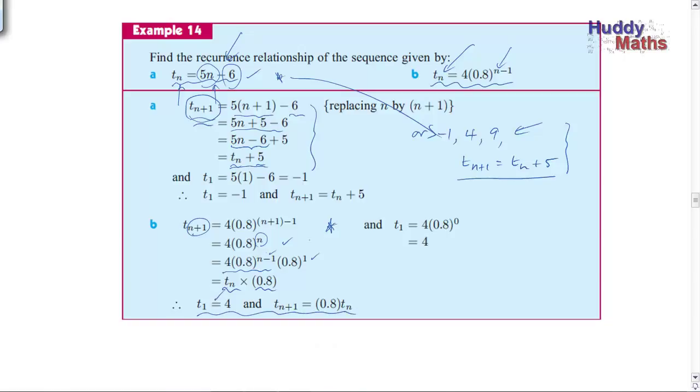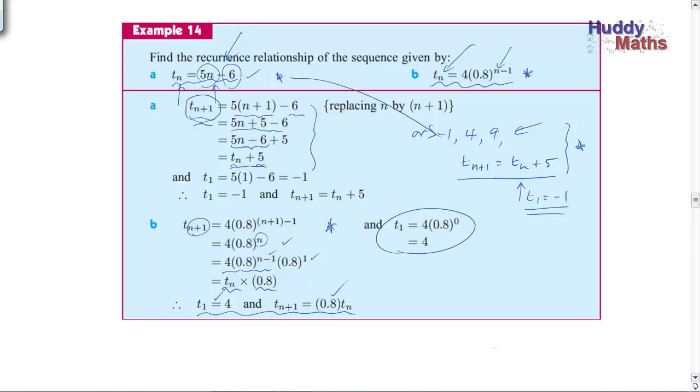You need a first term, and then the recursion model. Or what you could do is, for our formula, start generating the terms as I did up here, and have a look at the geometric sequence of them. Just notice that we must specify, so over here this answer is incomplete, we must specify T1 equals neg 1.